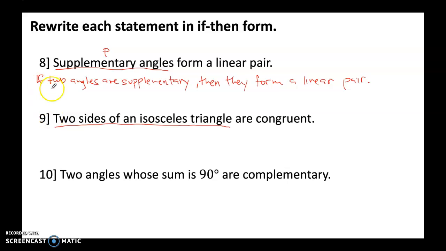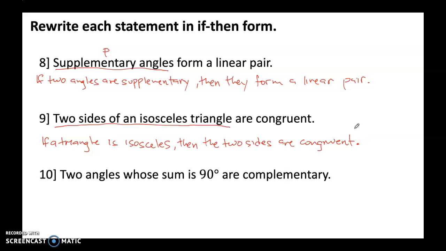So we write our if-then form, if a triangle is isosceles, comma, then the two sides are congruent.